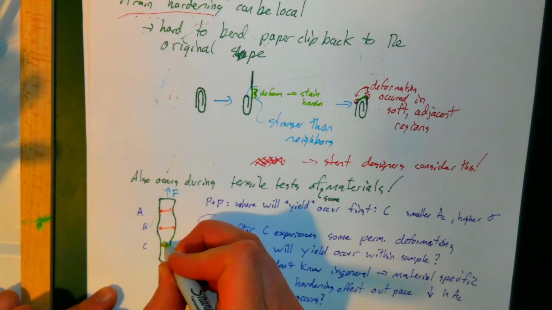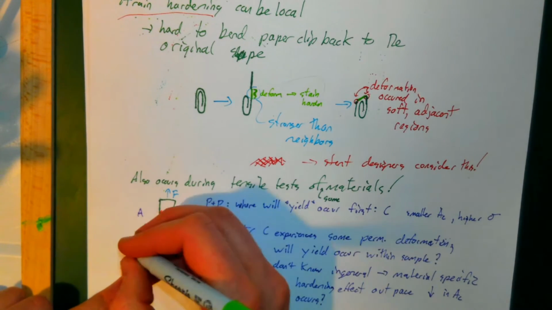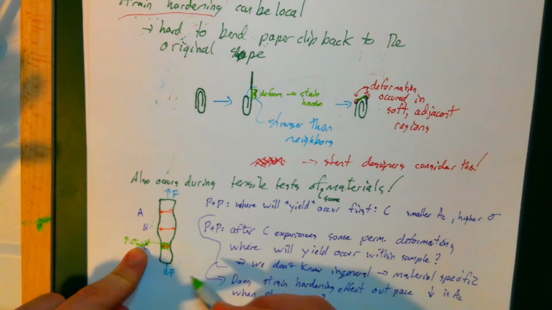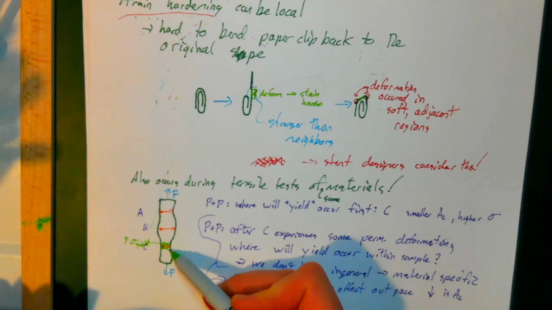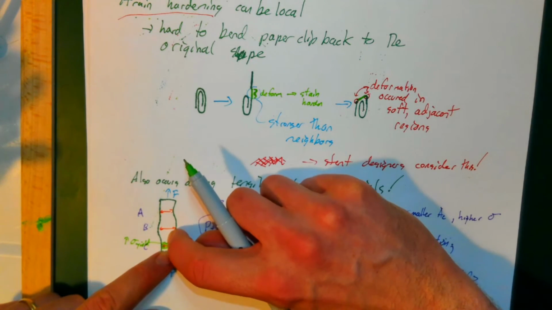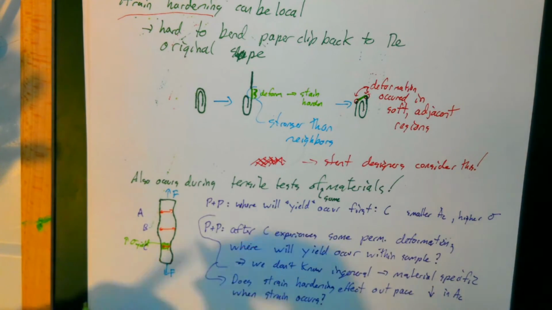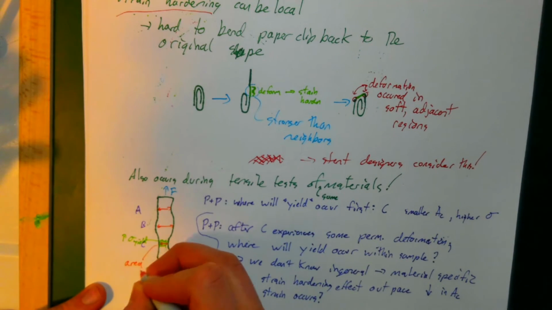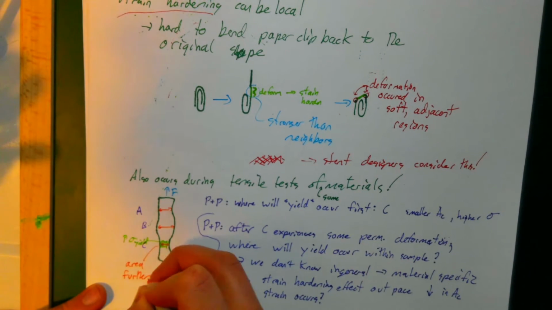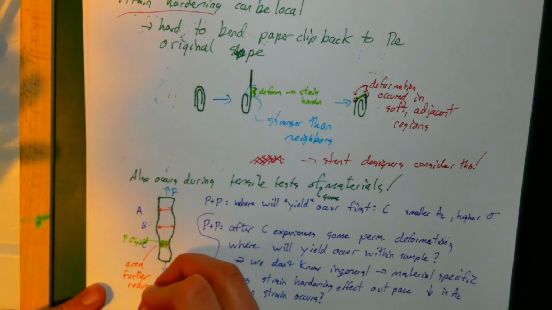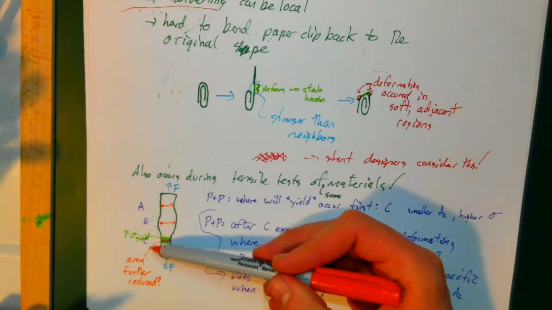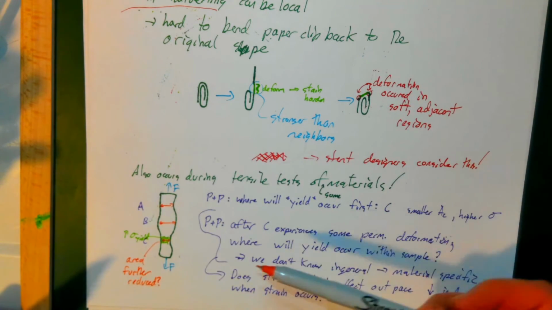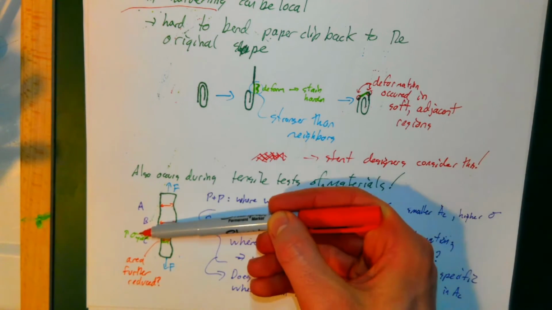So region C would get its yield stress increase, but as C stretches out a little bit, its area is further reduced. And basically which effect wins, the increase in yield strength or the further reduction in area, is something that for some materials the yield strength wins.